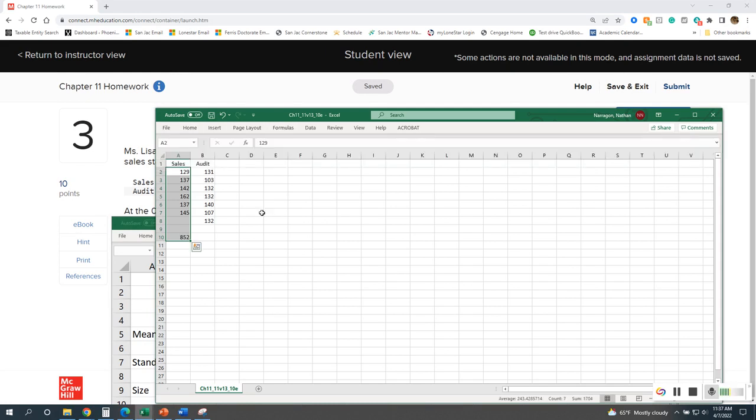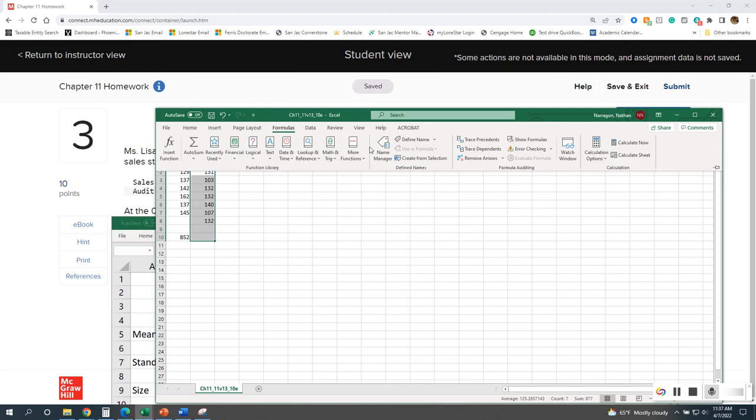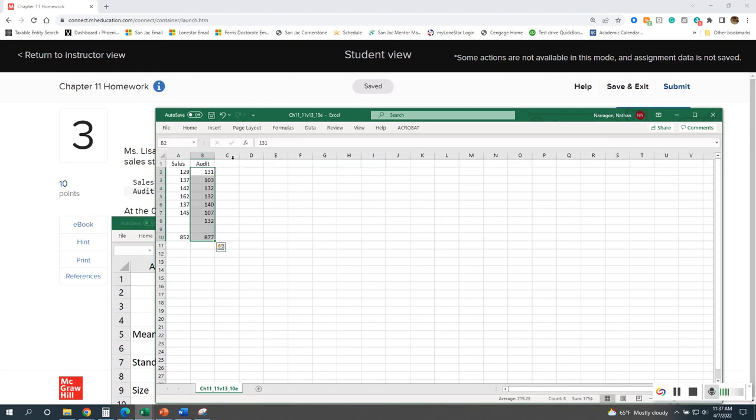Formulas, auto sum. Tell it to auto sum. And then pop 1, pop 2. Or we can go sample 1, sample 2, however you like to label.